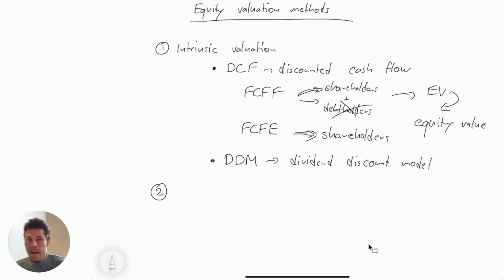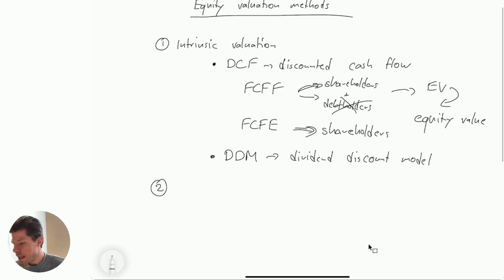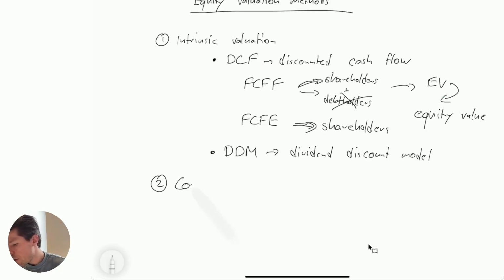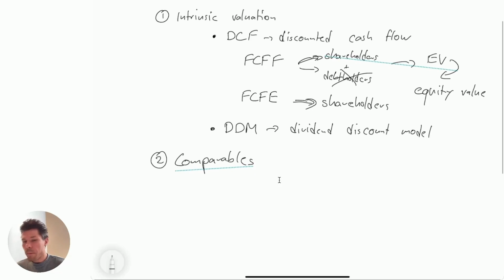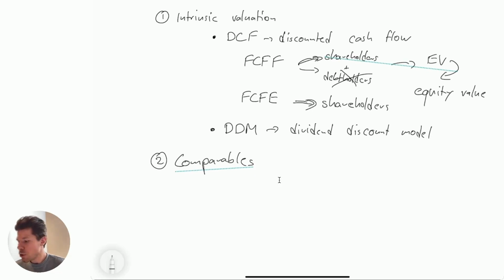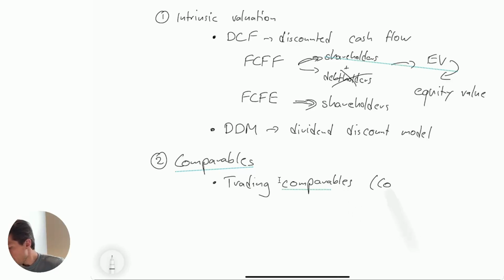The second part, I wouldn't say it's real valuation. It's more a kind of pricing exercise. It's called comparables. Sometimes we call it multiples. And if you look at comparables, there are two different approaches. First one is trading comparables, also called comps.